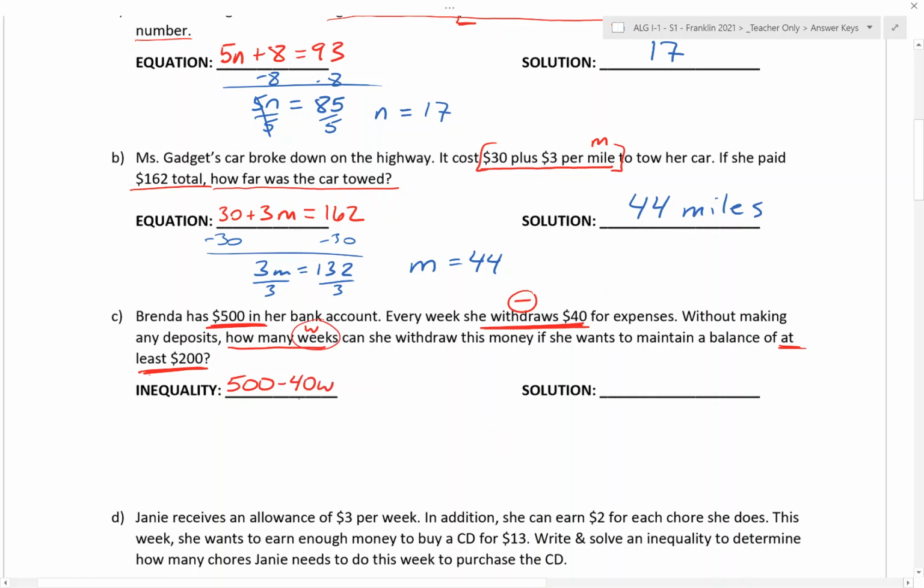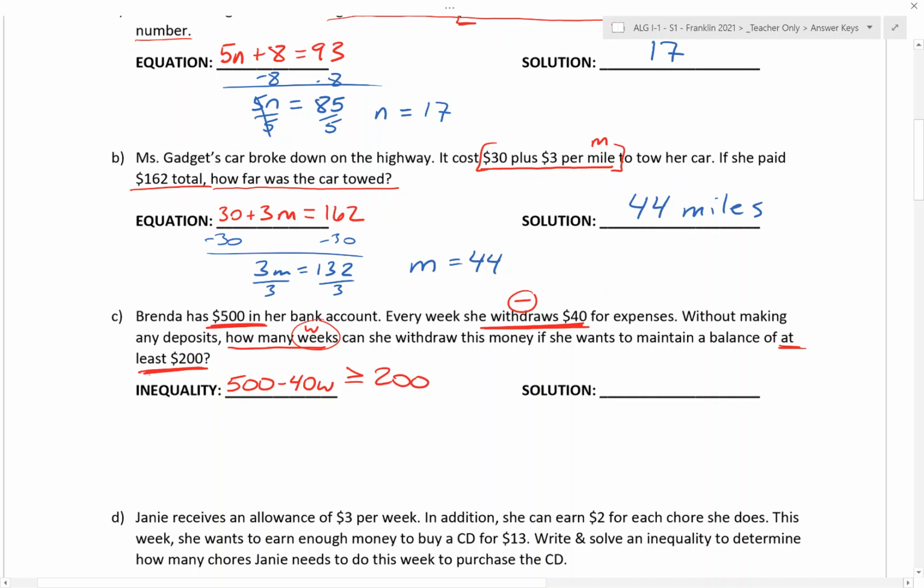Now this amount, 500 minus 40 per week, has to be at least $200 left over. So this expression needs to be no less than $200, right? So this needs to be greater than or equal to 200. Because if this amount ever goes below 200, that fails the situation.